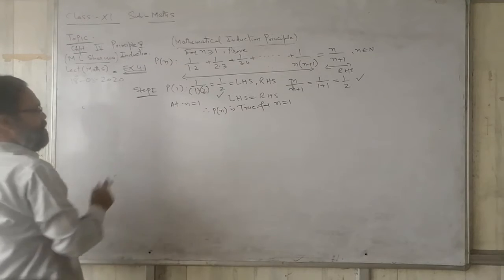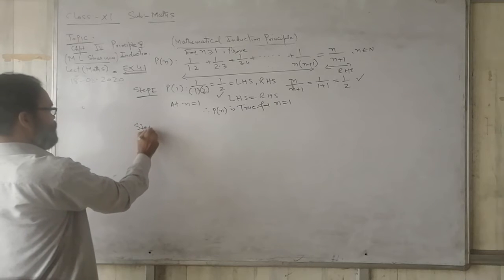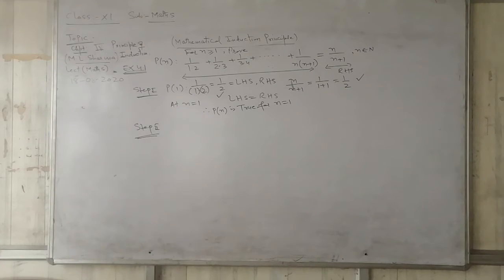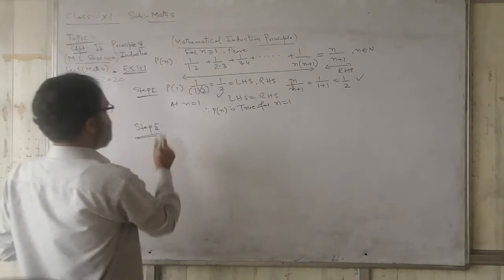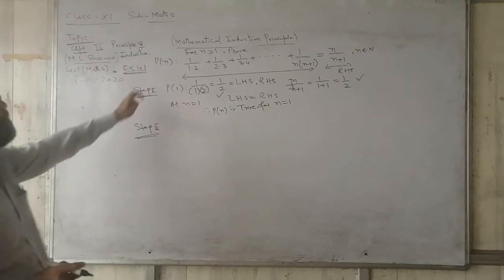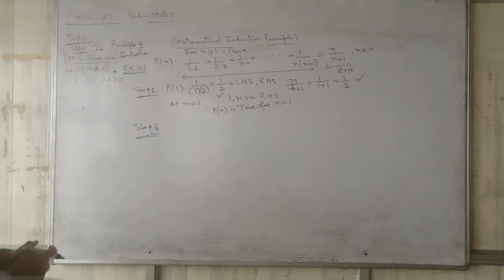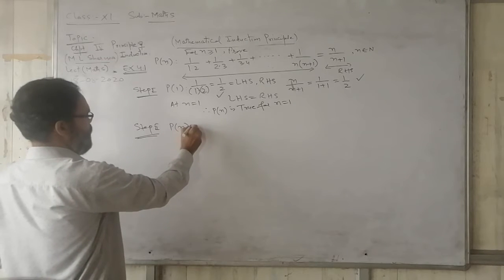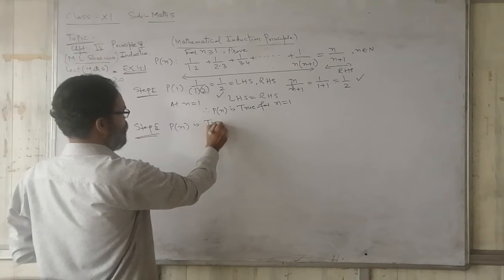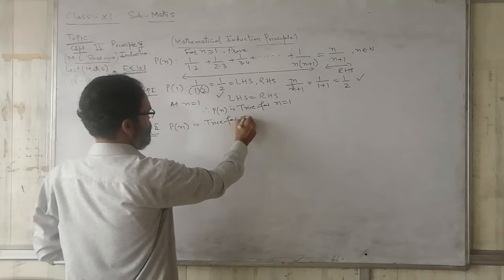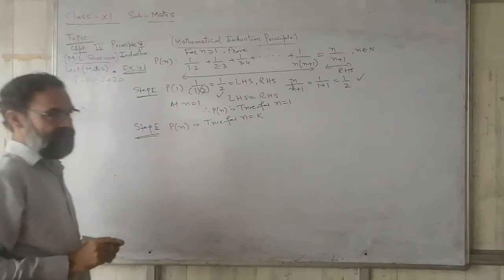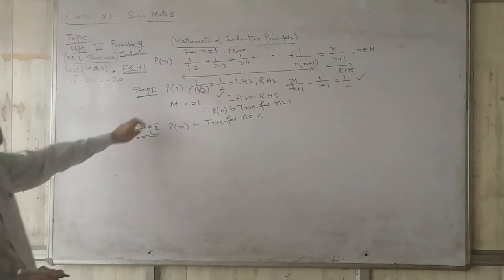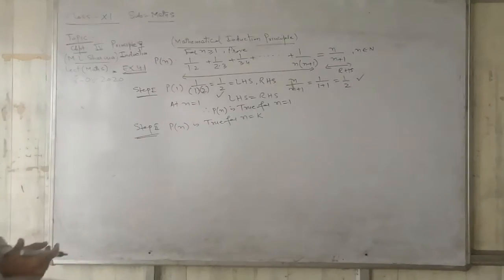After first step, the second step is to be followed. So second step says the statement which is given should be true for n equal to k. We need not prove this statement is true for n equal to k, because this k is a positive number.